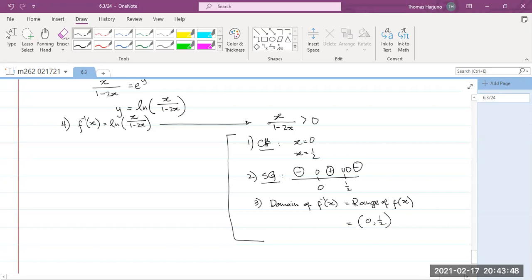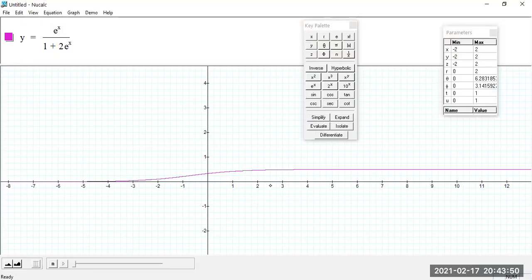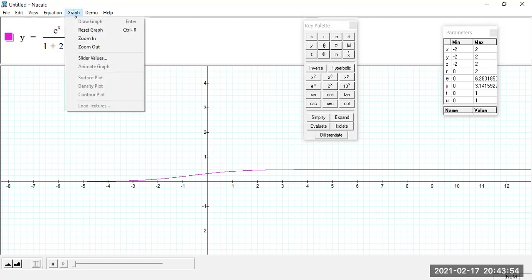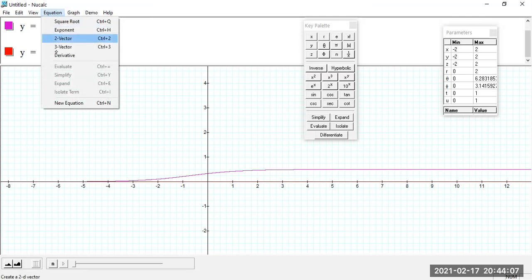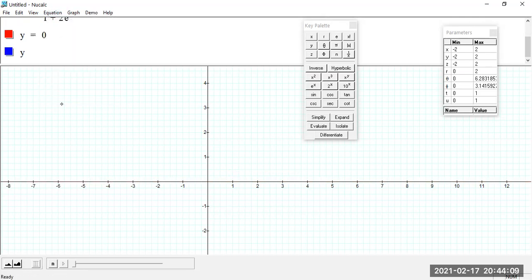Going back to our graphing, that's the graph. To emphasize the 1/2 and 0, let's add more equations. Y equals 0, that's the lower bound. And then y equals 1/2, that's the upper bound.